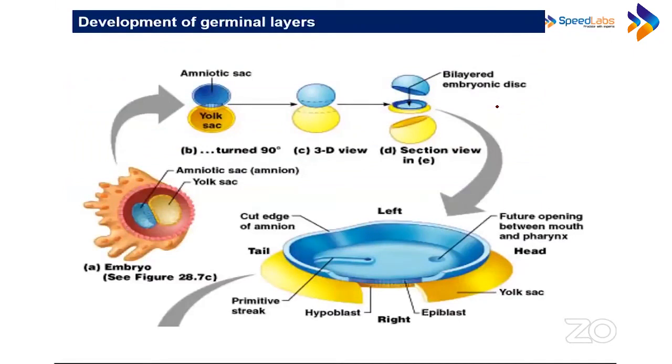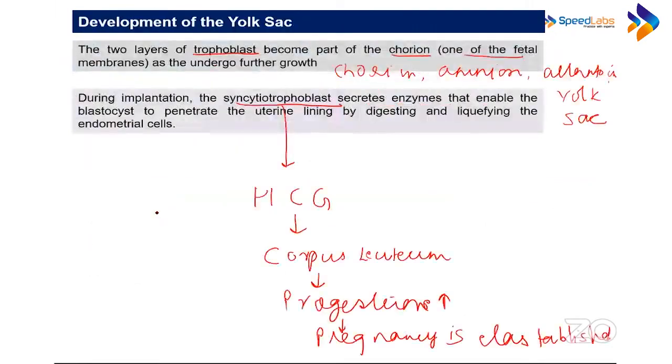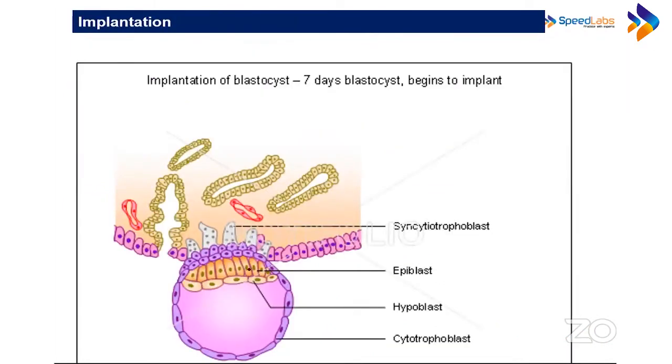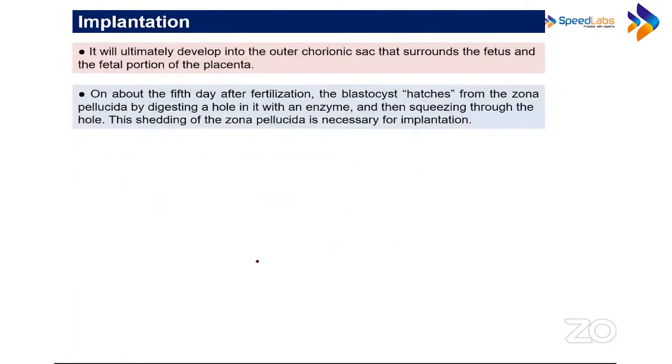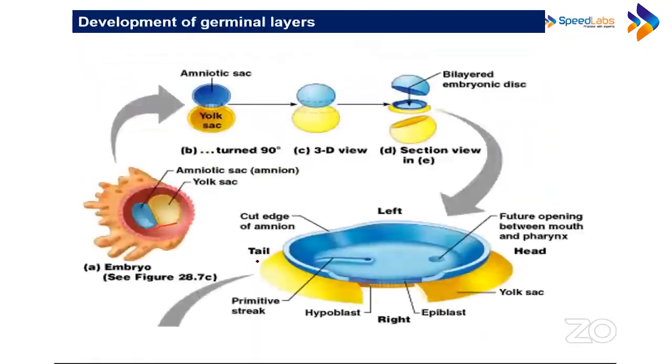So what happens in gastrulation? Let us see this diagram. Just look at this diagram. What you can see, these two are the bilaminar membrane. This shows the 3D view of it. So look at this layer.